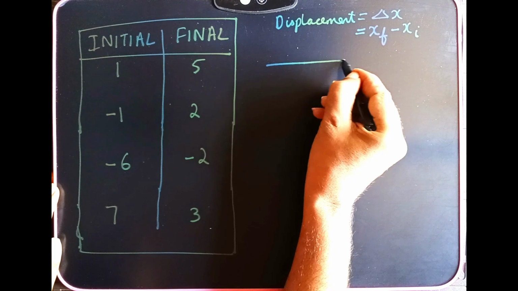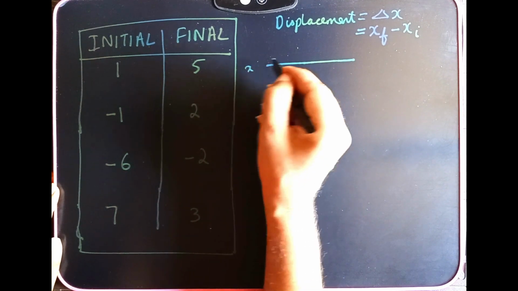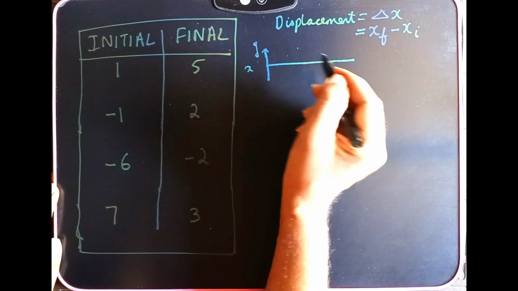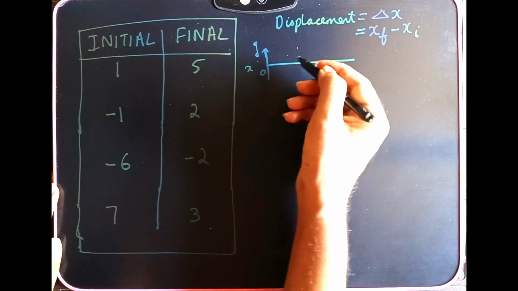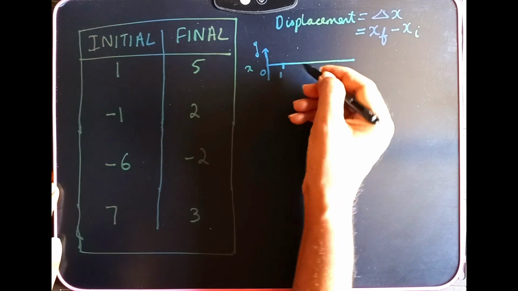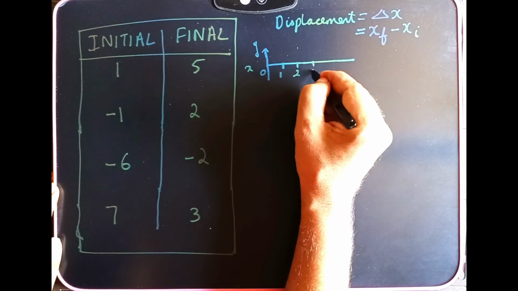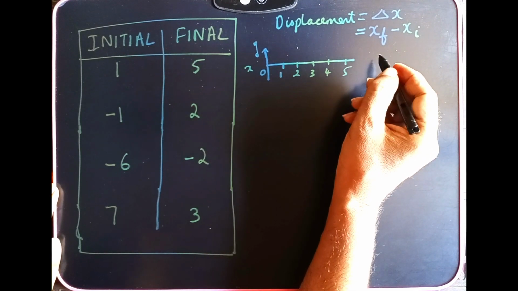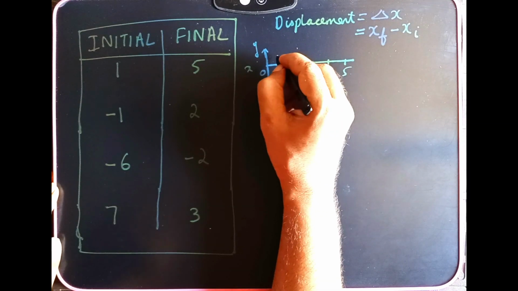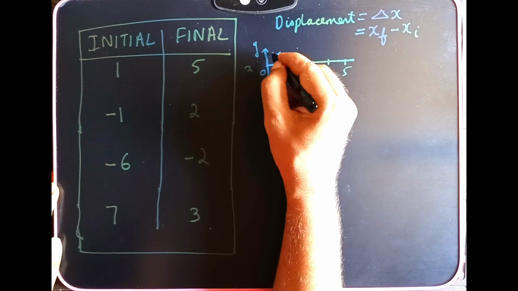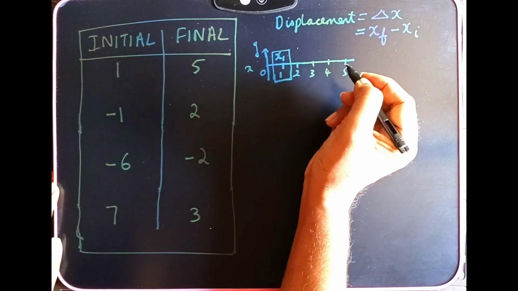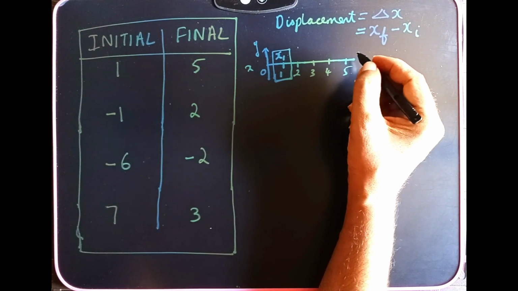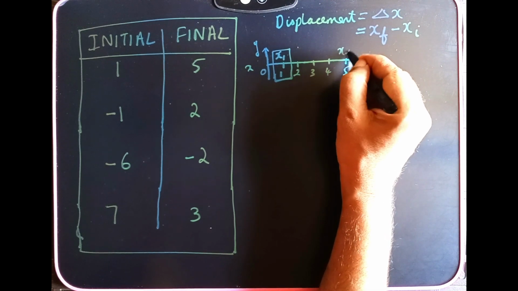This is the x-axis, and this is the y-axis. This is the 0 point. I divide this into 5 parts: 1, 2, 3, 4, 5. So the initial point is xi, which is at point 1, and the final point xf is 5.